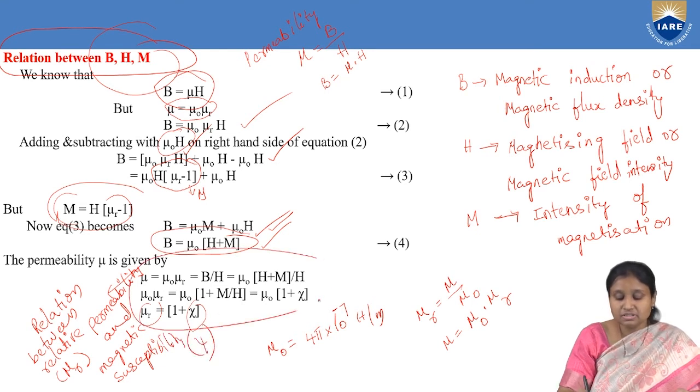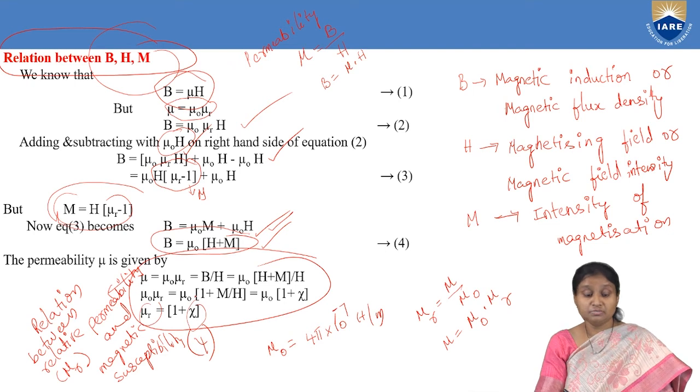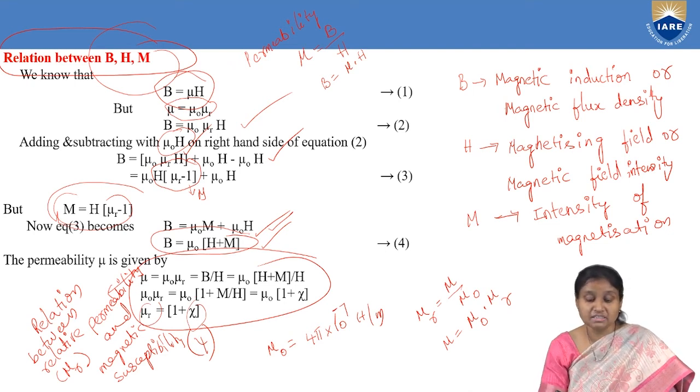This process is for getting this very important relation between relative permeability and magnetic susceptibility.